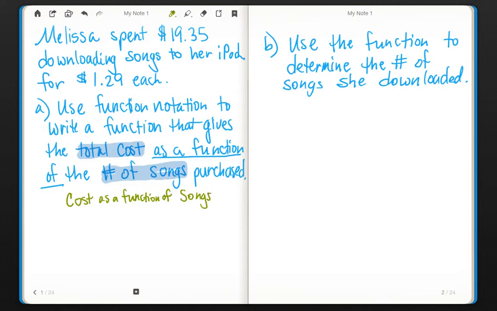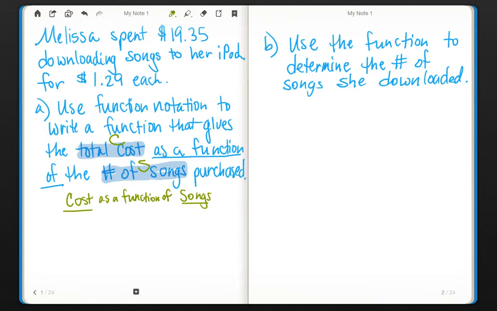And you can see our variables there starting to, hopefully you're starting to see them, the cost as a function of the songs. So let's do C for cost, S for songs. So how would I write that in function notation like we did before, the f of x, or we did distance as a function of time, d of t? What do you think that's going to be? Cost as a function of songs.